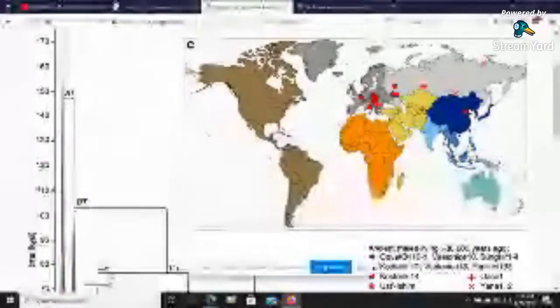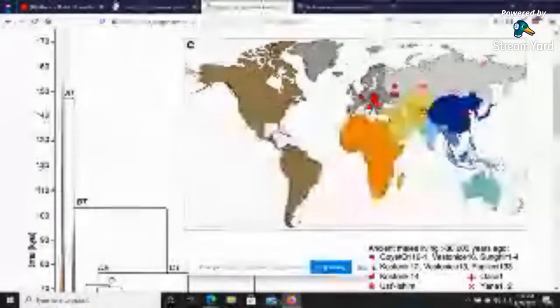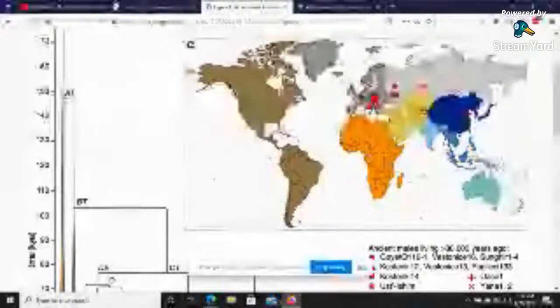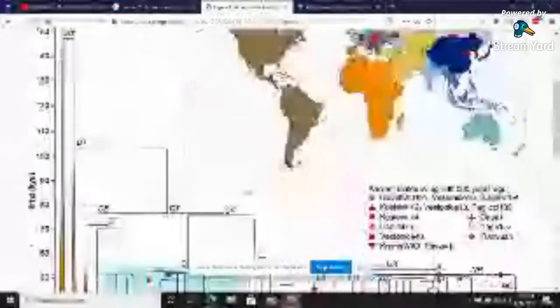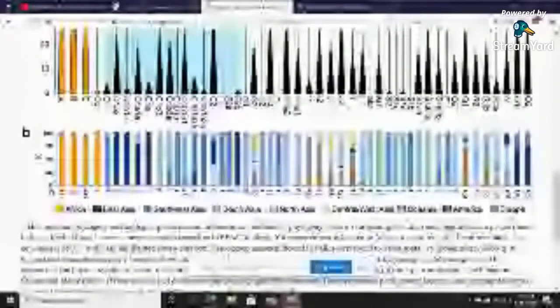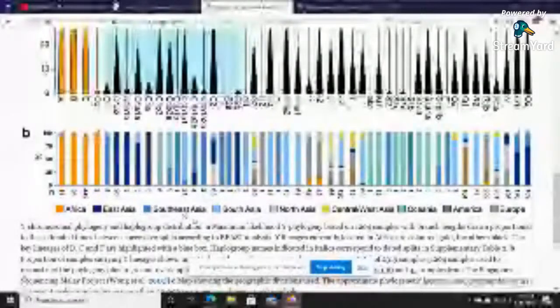But anyways, that's the DY chromosome right there. So it's the middle shade of blue. So we have the middle shade of blue, the Andamanese Islands, South Asia.